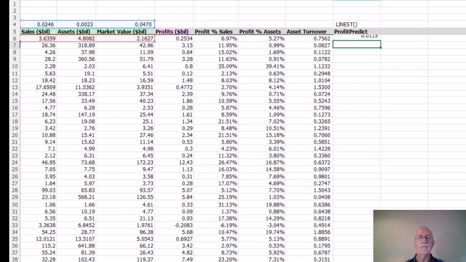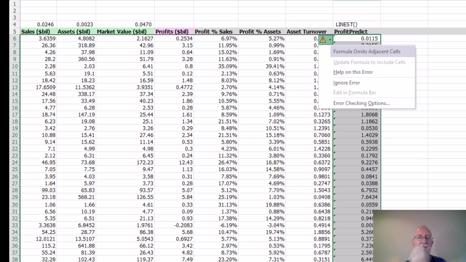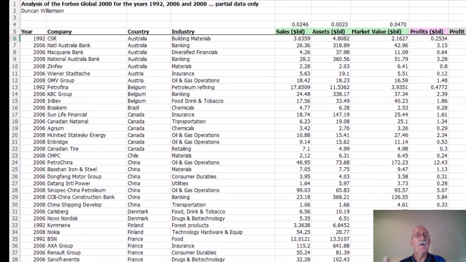Press enter, and that is now our prediction of profit for this company with this mixture of assets and that intercept. Click, click. Fill down. It's given us an error because it says formula omits adjacent cells. Ignore error. We didn't do anything wrong. It's simple. We've done the right thing.